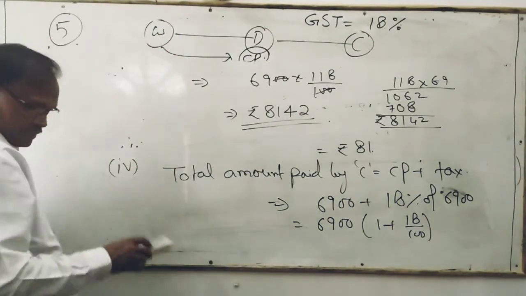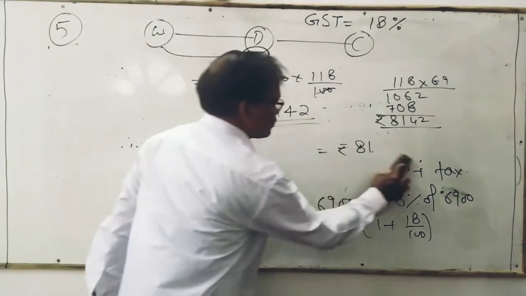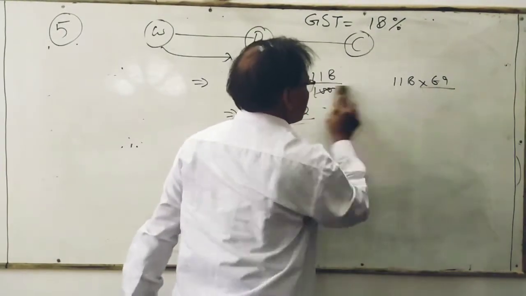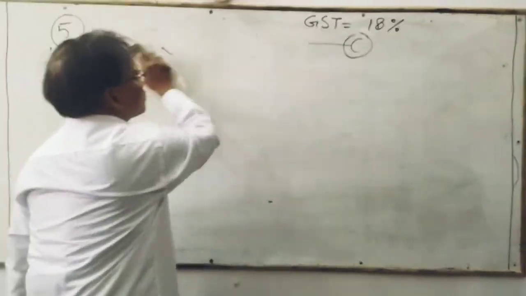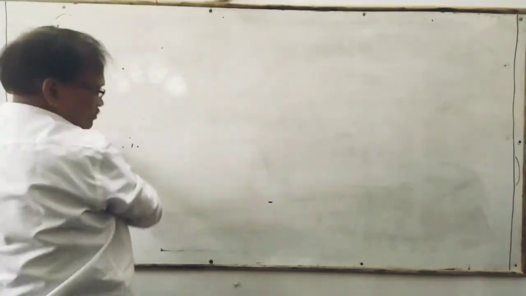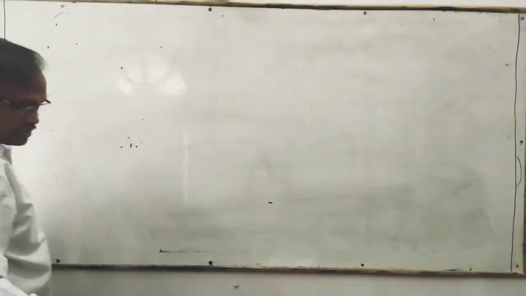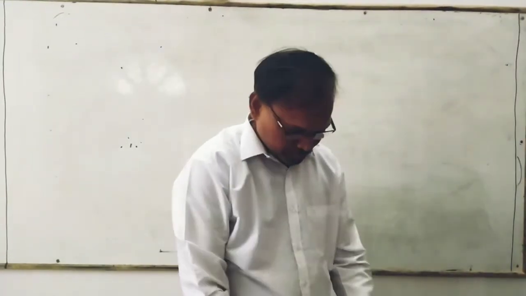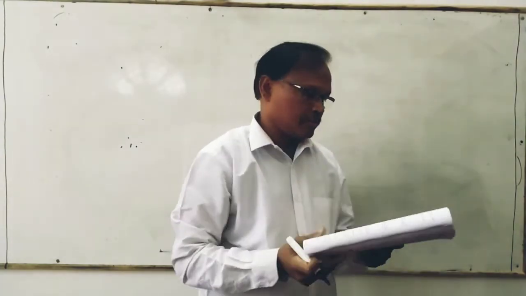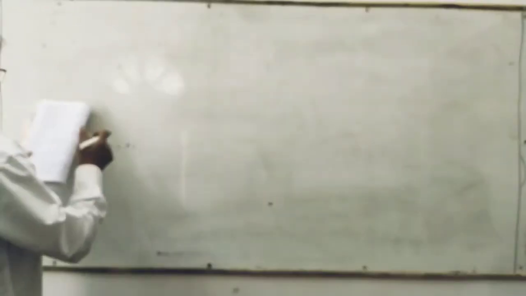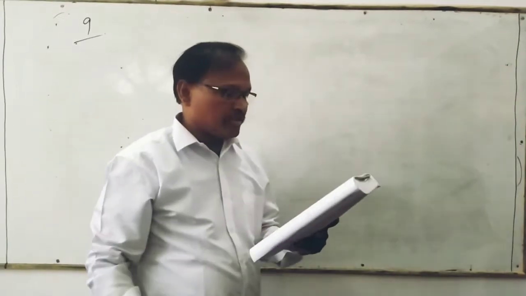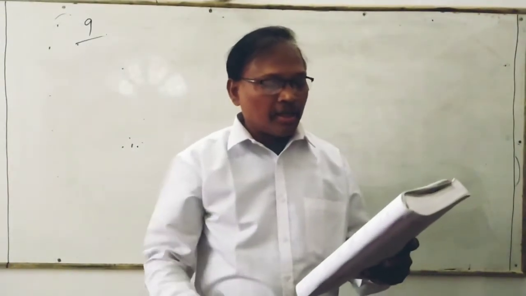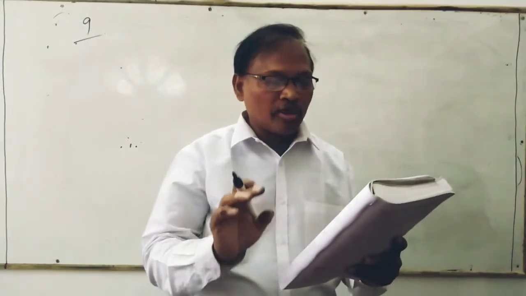Similarly, the other questions. One more question I'm telling you, that is question number 9 in the same book. That discount is also given. The dealer buys an article at a discount of 30% from the wholesaler.